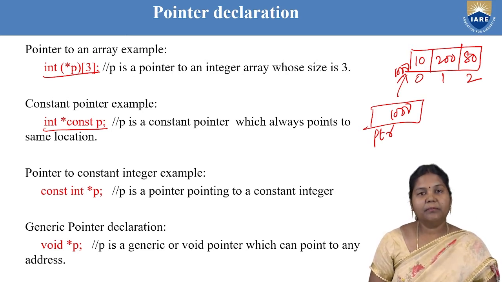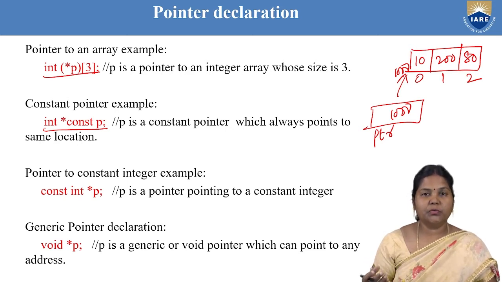Normally, pointer variables are changeable. That means in the same pointer variable, you can store different addresses. That's why it is called a pointer variable. But if you want to make it fixed, you can declare a constant pointer which will always contain the same address and point to the same location.